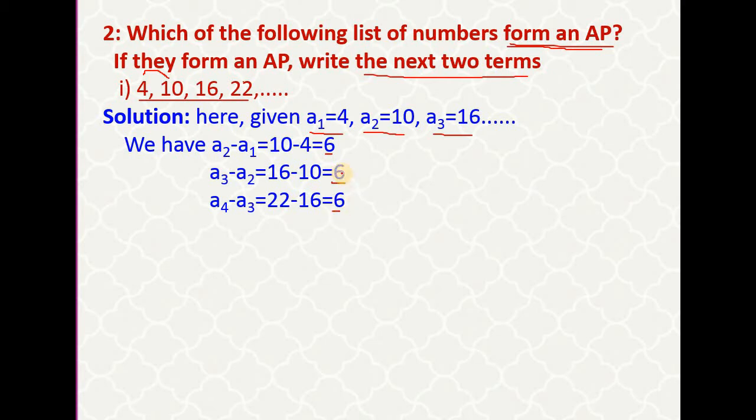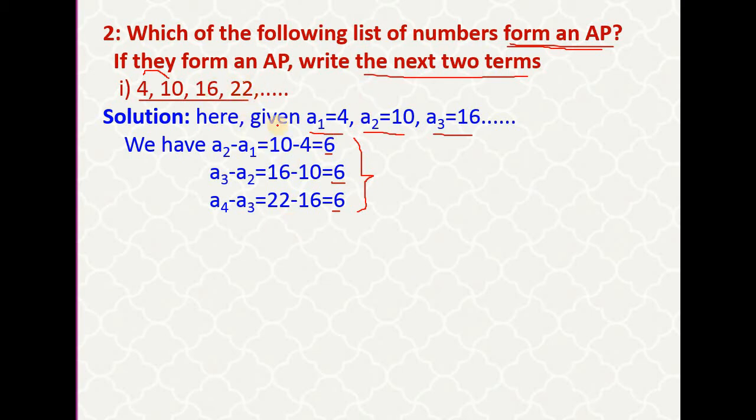Now the difference between the terms is common. If you see, the difference between the terms is 6, 6, 6, like this. 4 plus 6 is 10, 10 plus 6 is 16, 16 plus 6 is 22. So the common difference is the same.